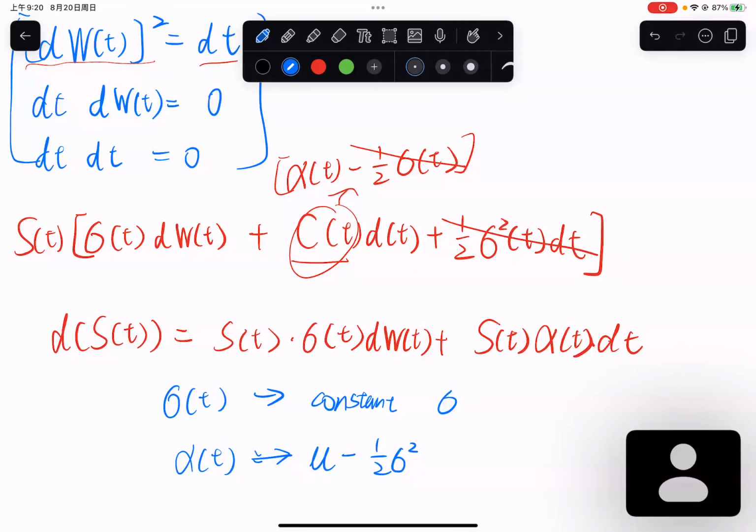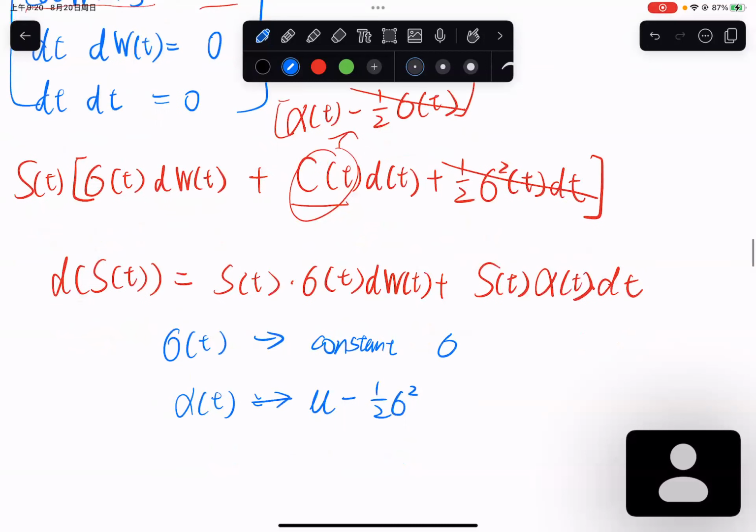And then what is going to happen? Then it is easily seen that this one is our risk neutral definition.